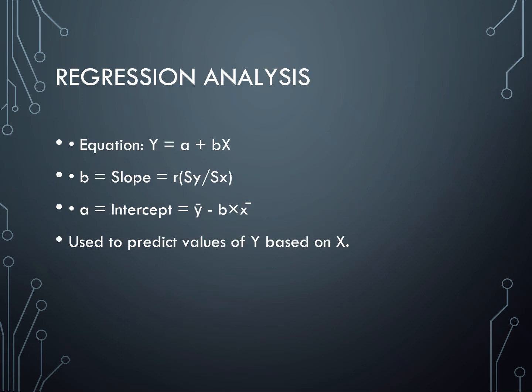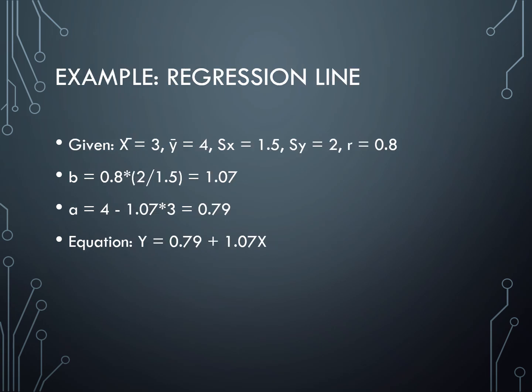Regression analysis. Regression analysis helps us predict one variable based on another. The regression line equation is y equals a plus bx, where a is the intercept and b is the slope. For example, if we have x bar equals 3, y bar equals 4, sx equals 1.5, sy equals 2, and r equals 0.8.